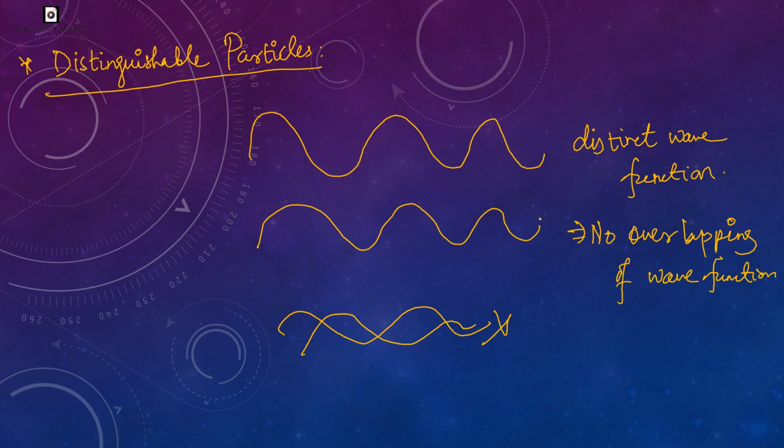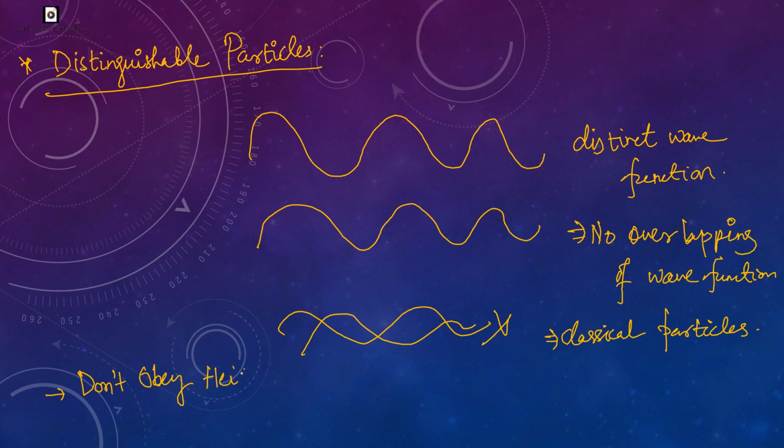These distinguishable particles are also called classical particles. And one thing is they do not obey Heisenberg's uncertainty principle.